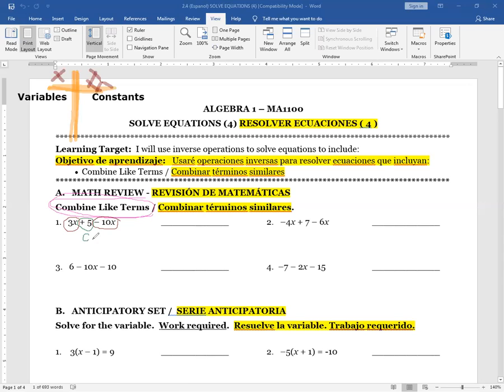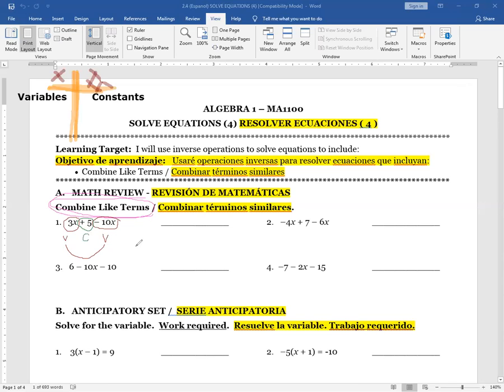See, the number 5 is a part of the constants, okay? And the 3x and the negative 10x are part of the variable family. So we can combine 3x and negative 10x. We can't combine the 5. These two are in the same family. This one is in a different family.